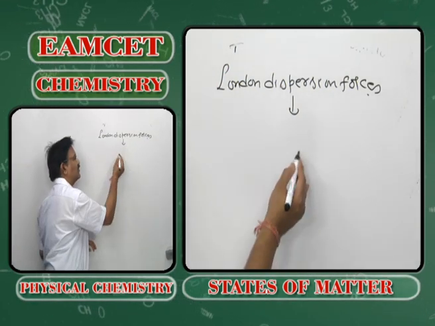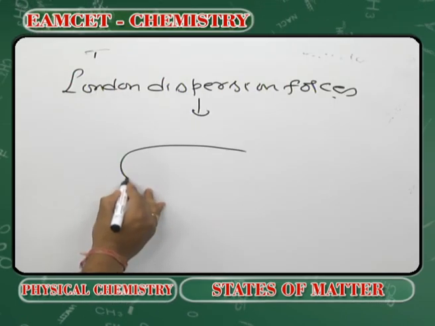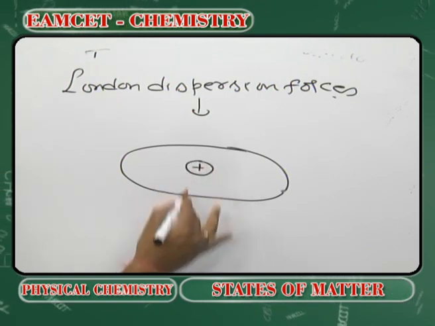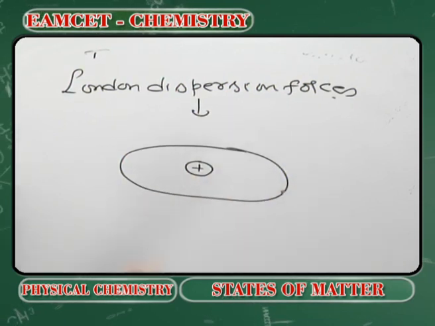How is this type of force of attraction generated? So normally what will happen? The distribution of the electrons around the nucleus will be symmetrical.